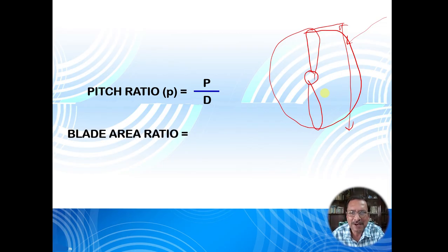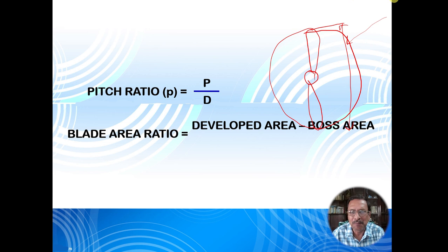Blade area ratio is the developed area minus the boss area. Developed area is, let us draw four blades of a propeller. Developed area means area of all the blades plus the area of the boss.